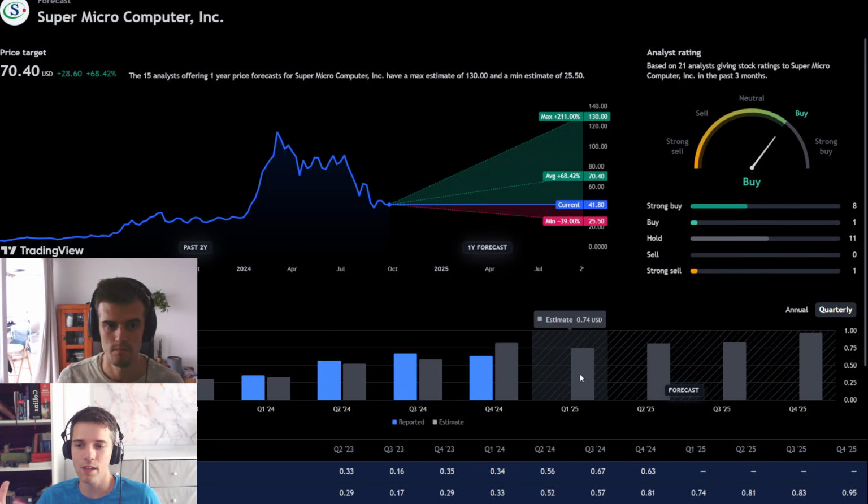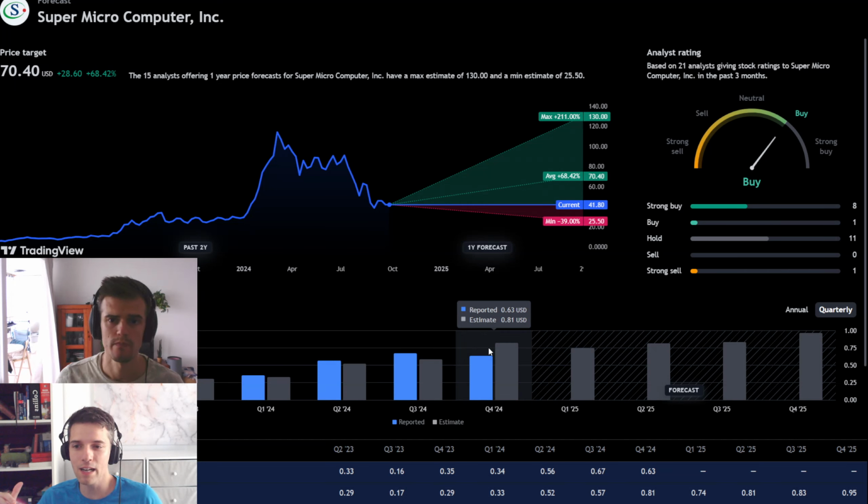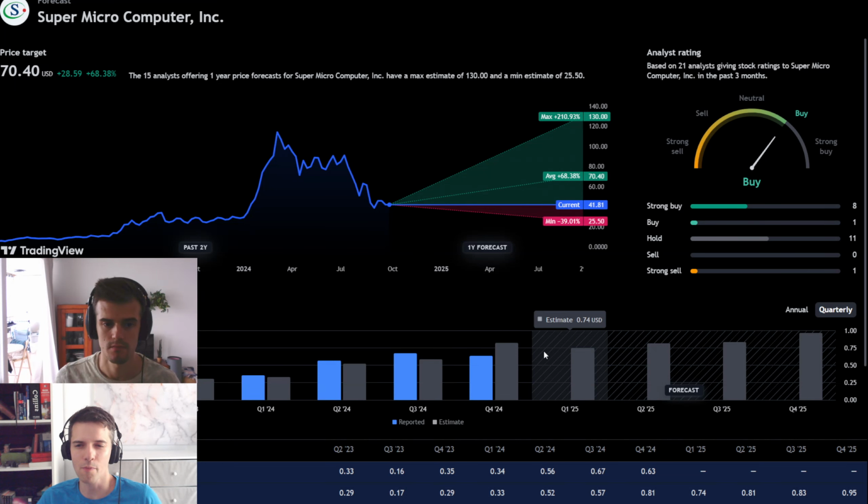But right now, it could all depend on the reported earnings next quarter. If we have better data than the estimate, more than 0.74, the price would go up again. But if we have negative data similar to the last quarter, the downturn could continue. But still, minus 66%, that's a lot.